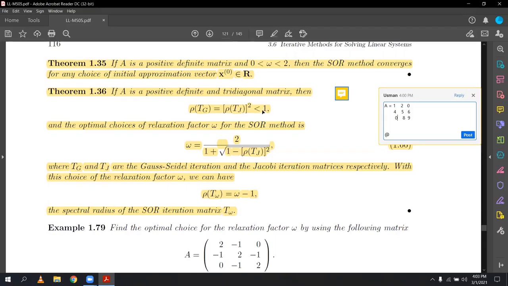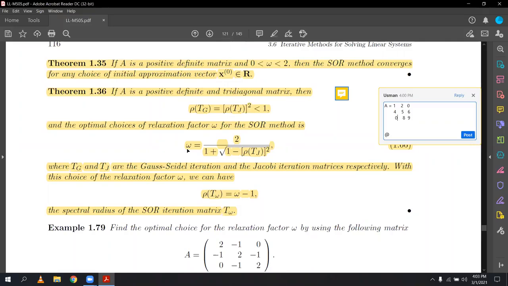And you remember I told you, if the spectral radius of the iteration matrix of an iterative method is less than 1, it is a 100% guarantee the method will converge.